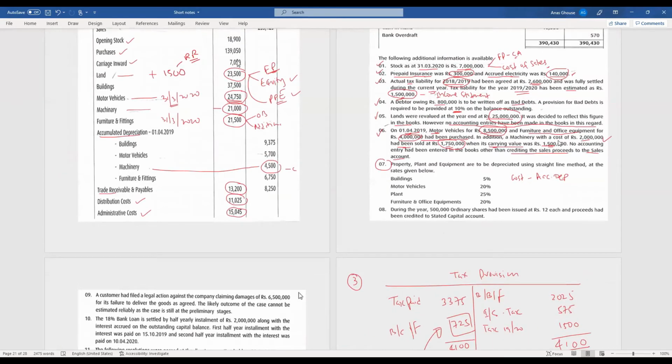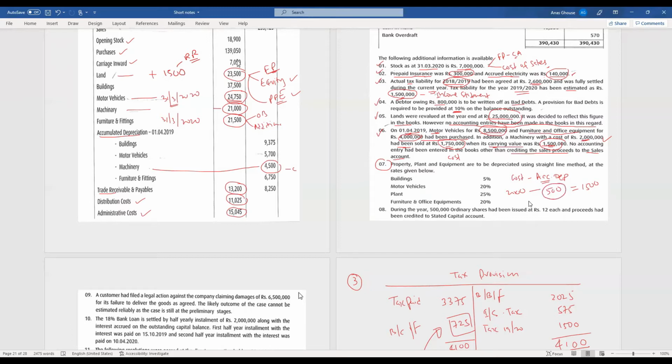The carrying value was 1.5 million. This is not the accumulated depreciation. You have to be very careful. You are given the carrying value of this 2 million. How do you calculate the carrying value? Cost minus accumulated depreciation. Here the cost is 2 million, but accumulated depreciation is not given. Carrying value is given as 1,500,000. So what should be your accumulated depreciation? It should be 500,000.